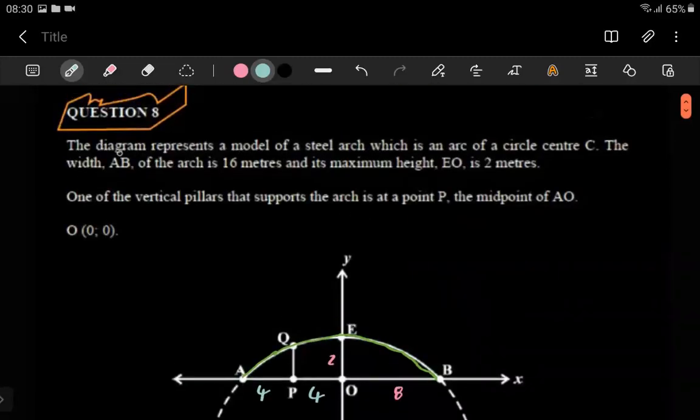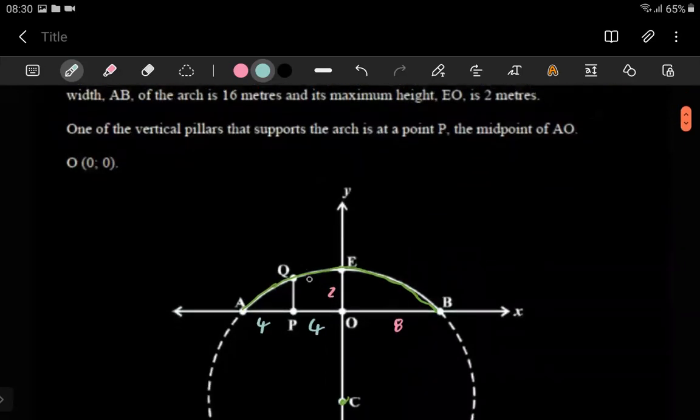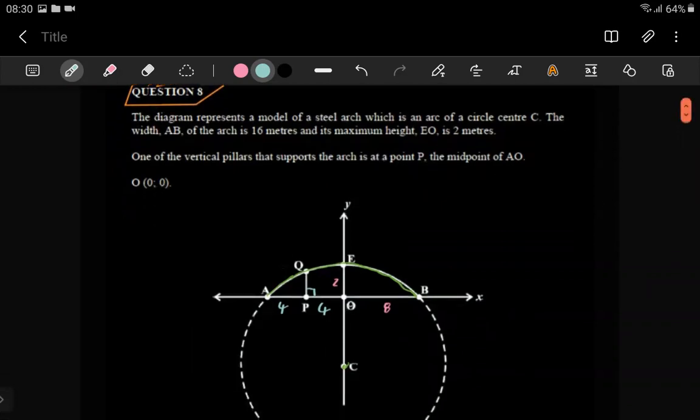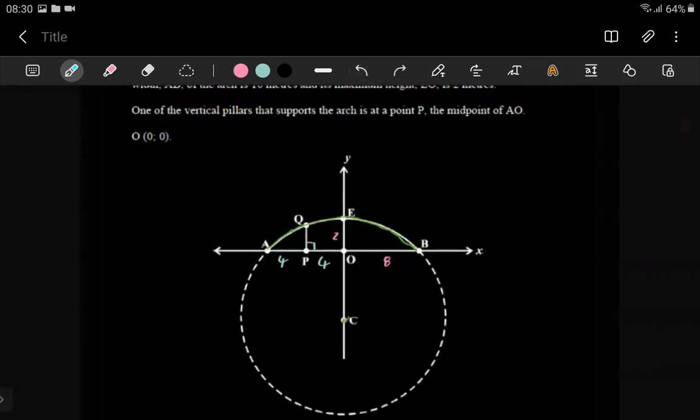Now, if it's a vertical pillar, then this angle is 90 degrees, a line going straight upwards. O is the origin. So the important thing with this question is that we have a Cartesian plane to work with.